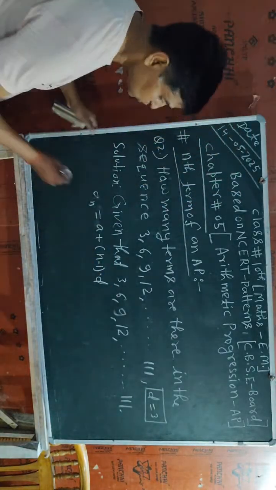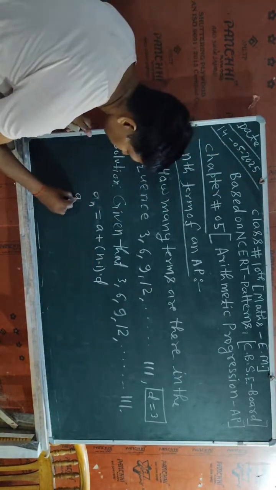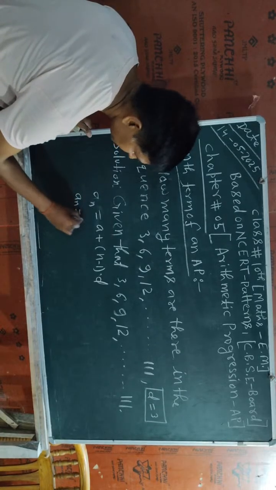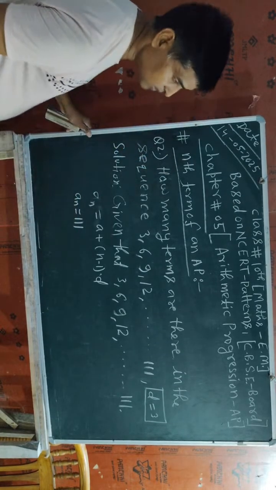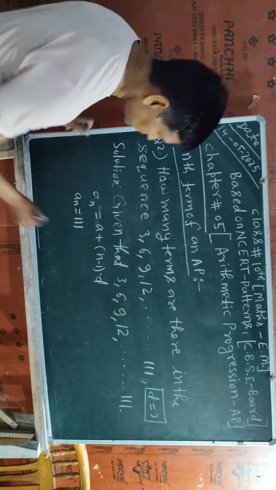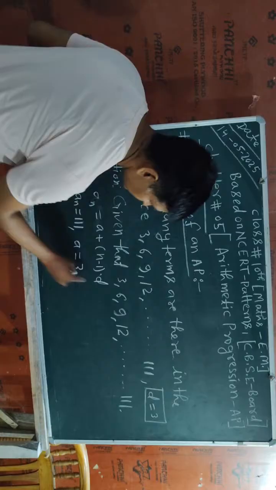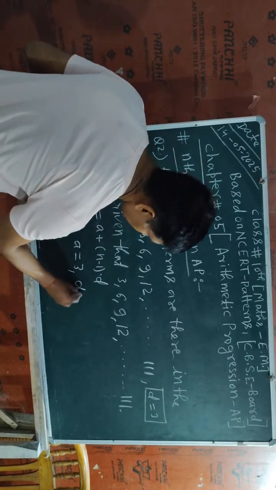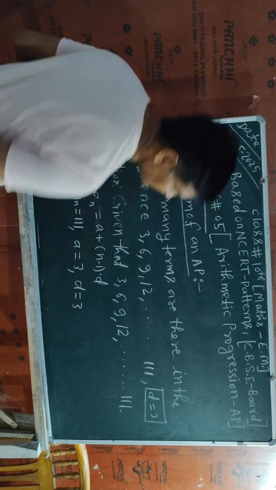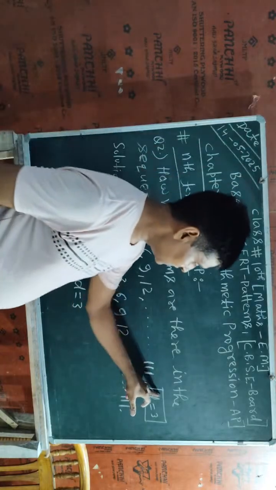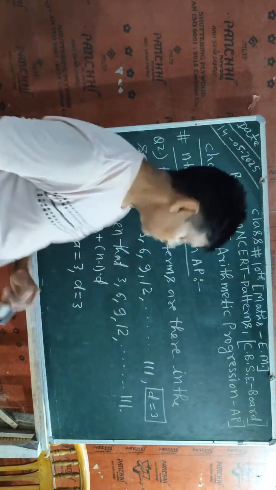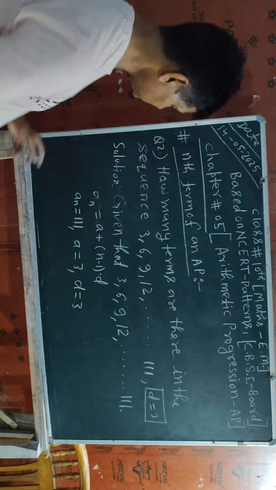Okay, students. So here the value of an is given as 101, the value of a is given as 3, and the value of d I have already obtained, that is 3. Okay, students. So further I will calculate its value.